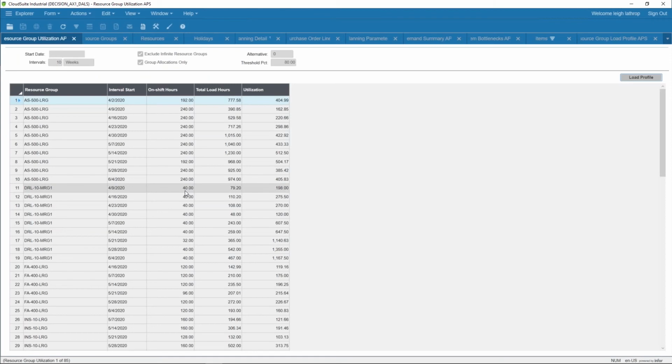A bunch of short-term on-shift hours would go away because they're not available, but the load would still be out there, and we would have an indication of the loads equal to the customer orders and the job orders where we have demand for these resources, and we would shove the due date out on the customer orders to represent what we think is going to be achievable to us in the future.